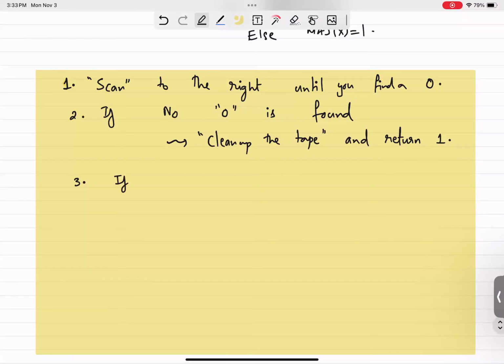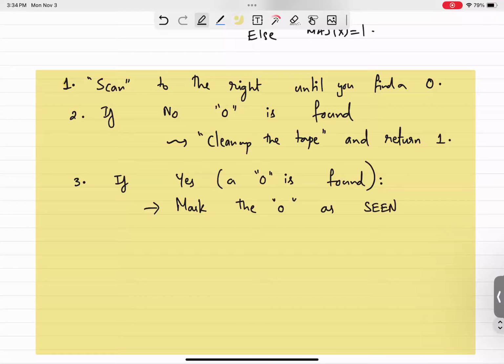And if a 0 is found, what should I do? I should look for a matching 1. But before I go look for a matching 1, let me mark off the 0 as something that I've already seen. Otherwise, I might get confused later on. Mark the 0 as seen.